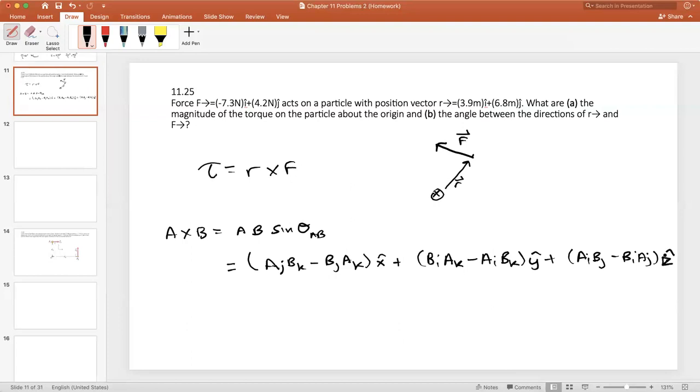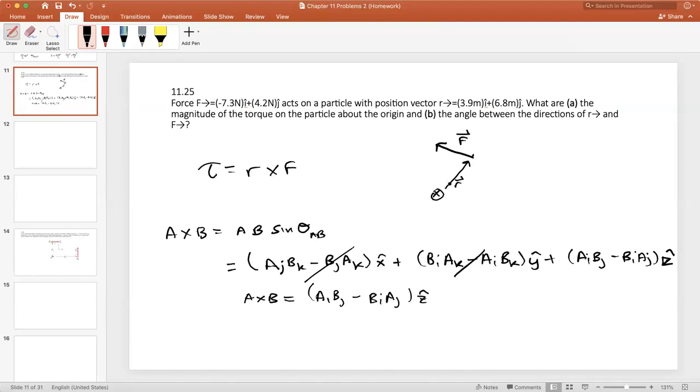That's familiar from the right hand rule, but in this case what we want to do is just use this formulation because we have an I and a J, but we don't have a K. So anything with a K goes away, and we get that A cross B is AI times BJ minus BI times AJ, and it will be in the Z hat direction.